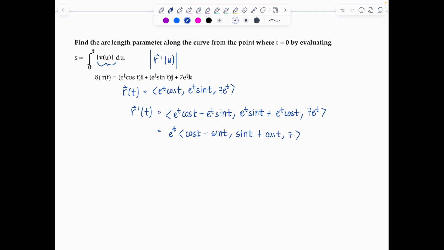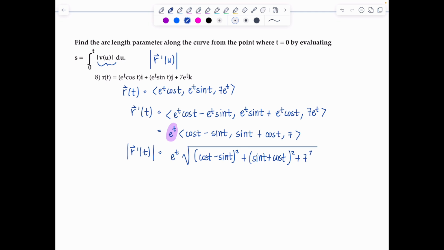So then the magnitude of r prime of t is going to be the absolute value of e to the t, which is just e to the t, and then you do the magnitude of the rest. So you'll have cosine t minus sine t squared plus sine t plus cosine t squared plus 7 squared.